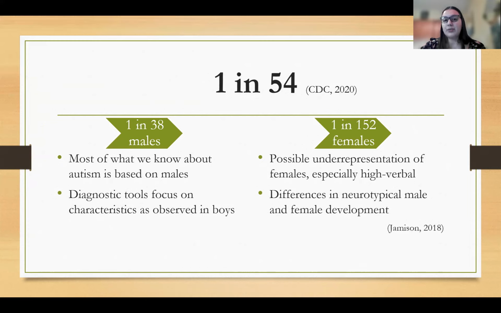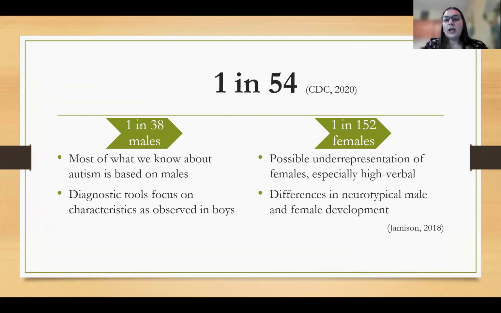This is because most of what we know about autism is based on males, and the criteria and characteristics were originally created for what it was at the time. Autism was called autistic syndrome in boys. So females are not as likely to get diagnosed because there are differences in development. And what we know about autism is based on these criteria as viewed in boys with autism.